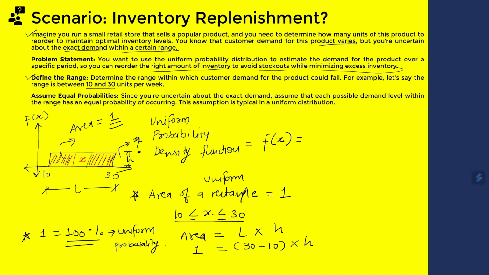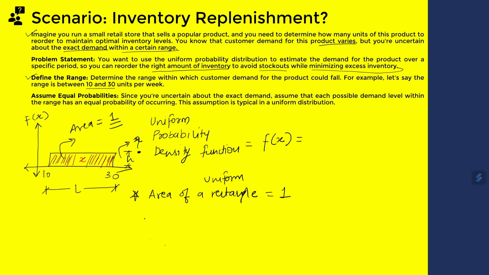So with the help of this equation, we have derived a height, which is going to be 1 by 20. So our uniform probability density function for this case is going to be 1 by 20, which is nothing but our height.